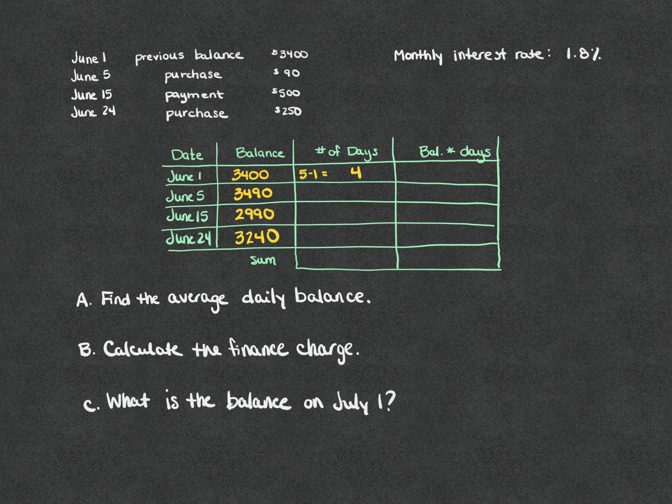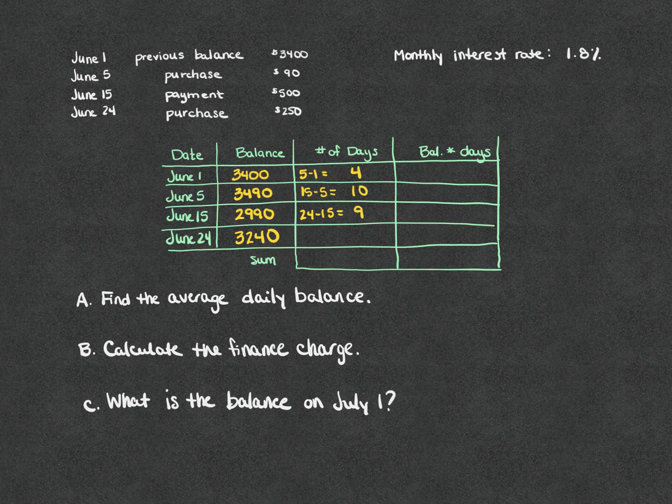Then the balance stayed at $3,490 from June 5th to the 15th. Again, subtracting gives you 10 days. The balance was $2,990 from the 15th to the 24th, and so subtracting gives you 9 days.